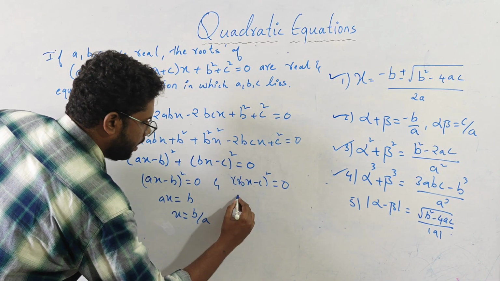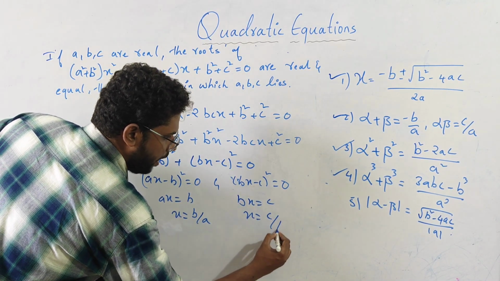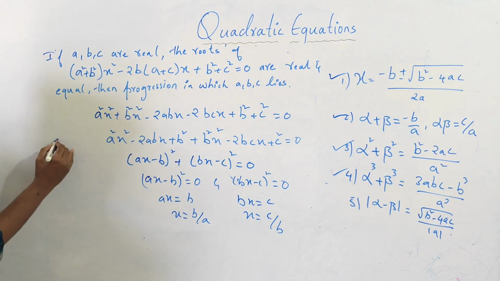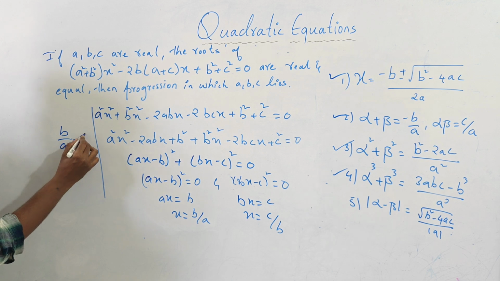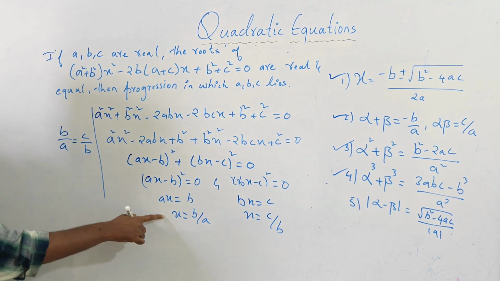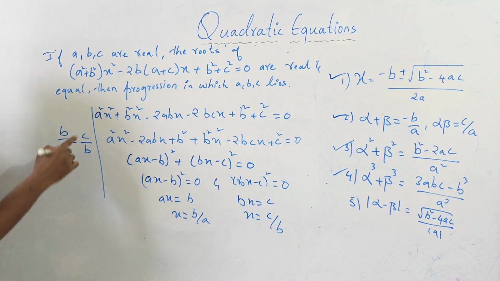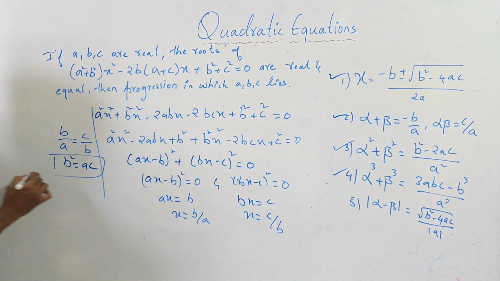From here can I write bx equal to c, x equal to c by b. This also x, this also x. Can I equate both? So what I get, b by a is equal to c by b. Correct? I'm equating these two because this also x, this also x. So cross multiply, what you get, b into b, b square equal to ac.